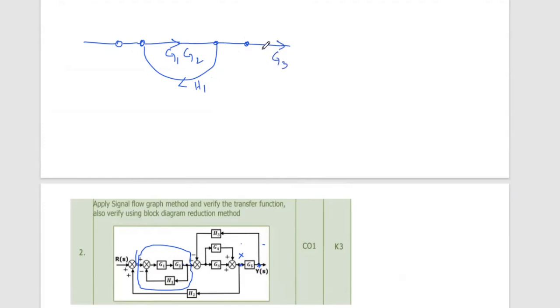E3. Here another point is there. From here, G4.